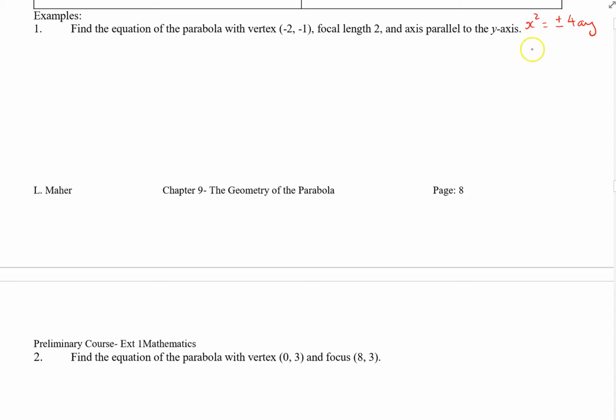Now we'll have y squared is equal to plus or minus 4ax. We could have x minus h all squared is plus or minus 4a(y minus k). Or we could have y minus k all squared is plus or minus 4a(x minus h).